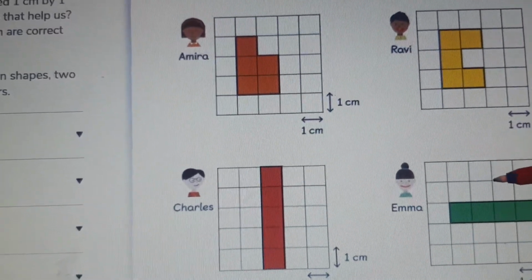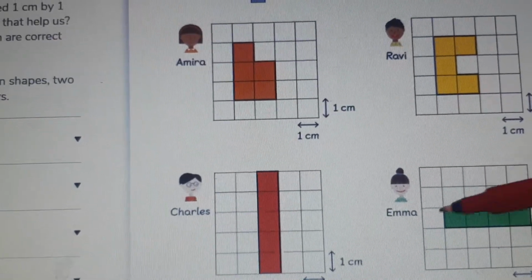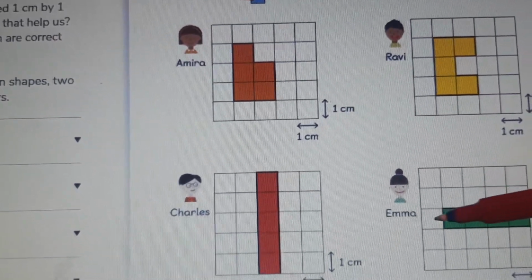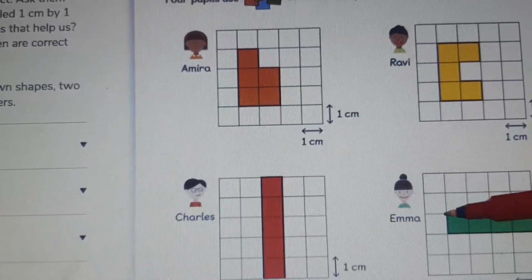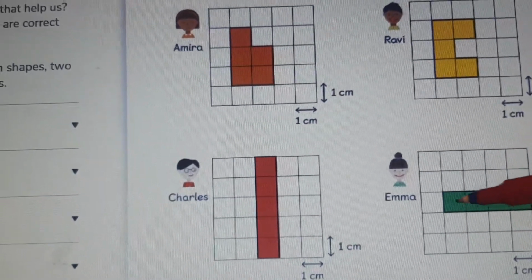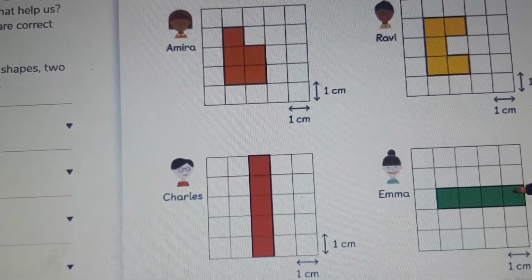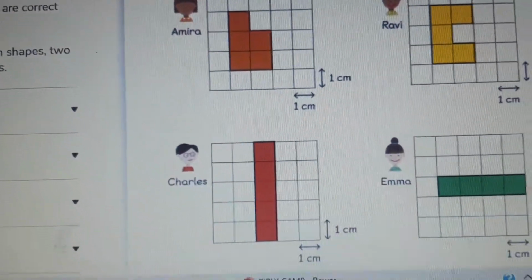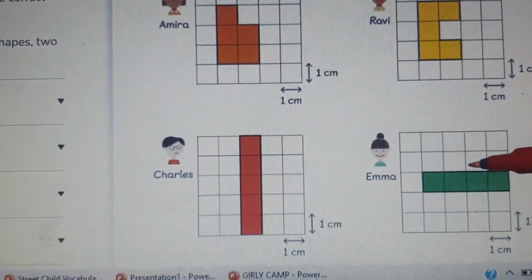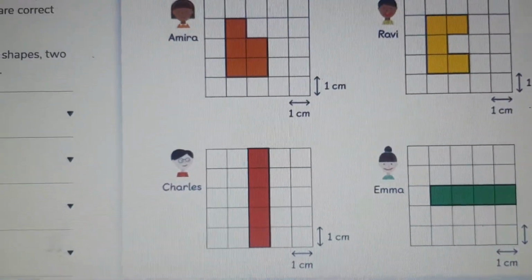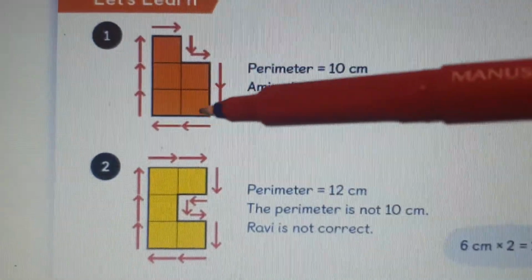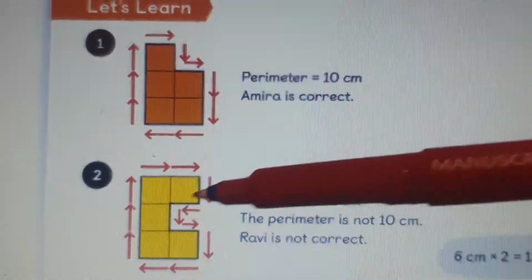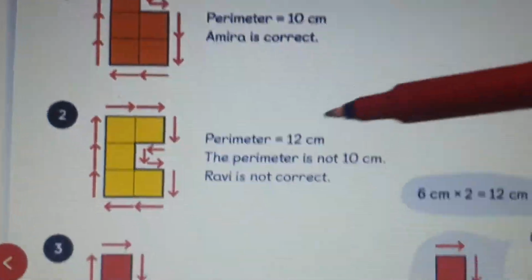So I'm thinking here Emma probably has, because that's a 4 add 4 is 8, 9, 10. So remember, it's the distance on the outside. You are not counting just one square each time. You're counting it around. And then we can see the arrows that represent the distance on the outside.